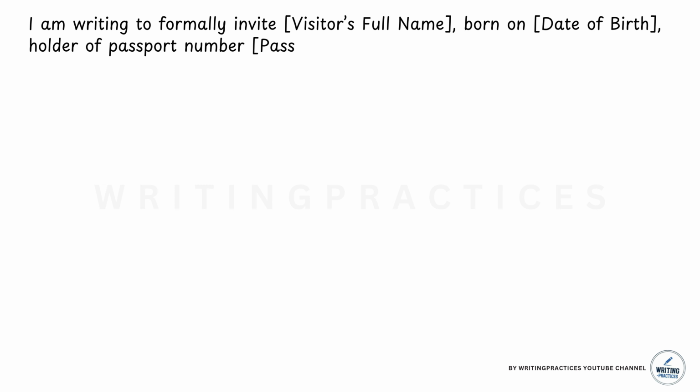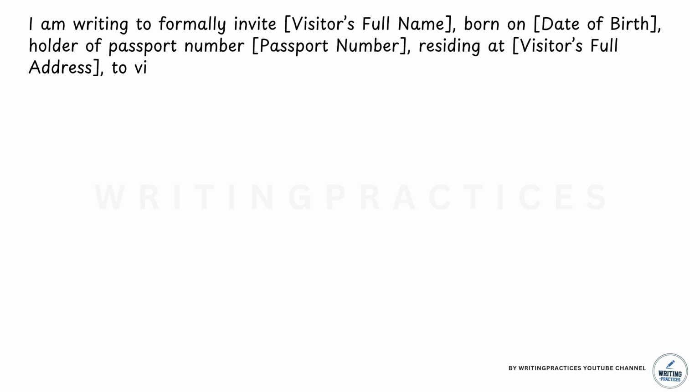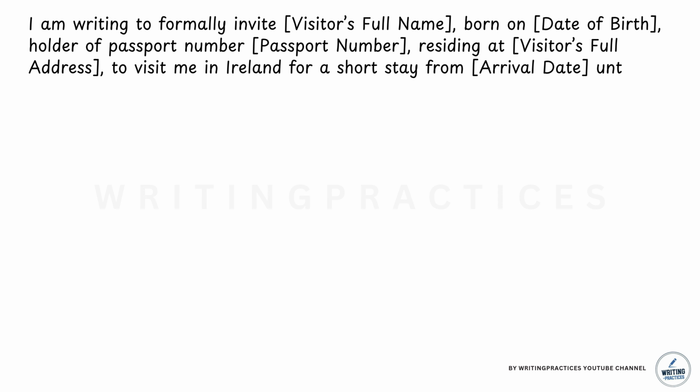You can write, I am writing to formally invite Sarah Johnson, born on August 14, 1995, holder of passport number P12345678, residing at 22 Greenfield Avenue, Manchester, United Kingdom, to visit me in Ireland for a short stay from July 10, 2026, until July 25, 2026. It identifies the visitor and clearly defines the intended period of stay. Irish immigration authorities need this information to assess whether the visit falls within short-stay visa requirements.